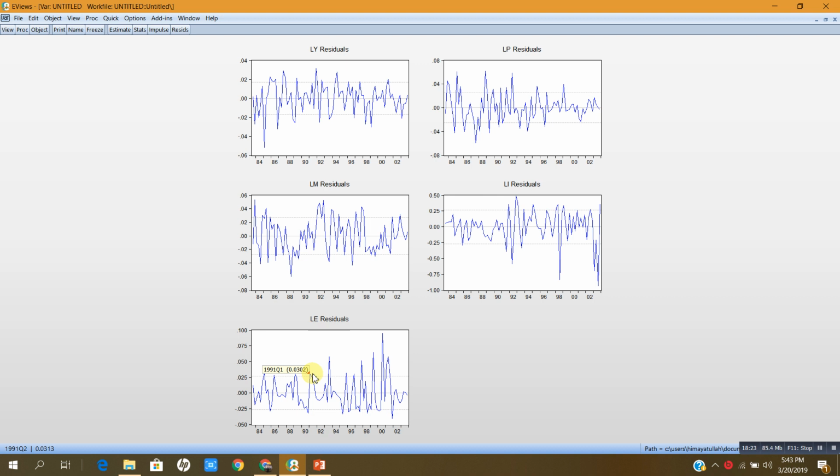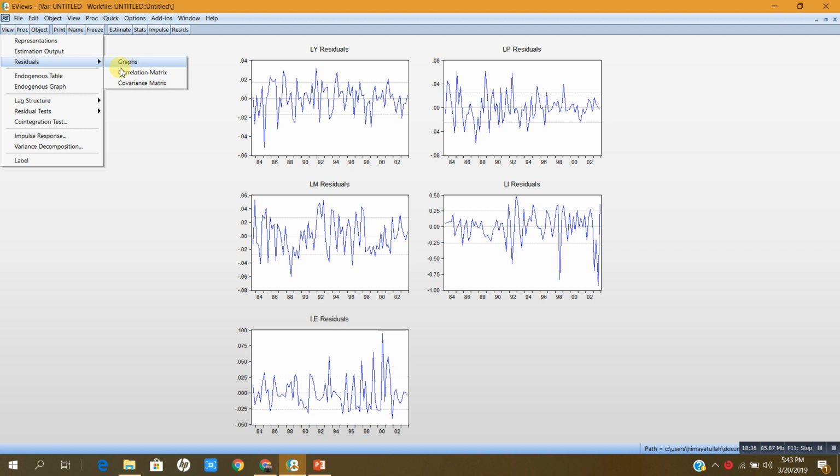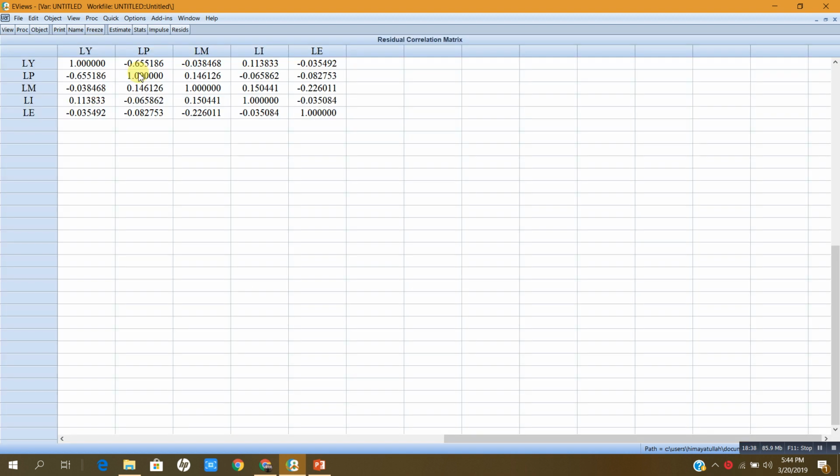I can also check the correlation matrix of these series, and this is the correlation matrix of these series. These values in the diagonal are equal to 1, because the correlation coefficient between ly and ly must be equal to 1. Similarly, the correlation coefficient between lp and lp must be equal to 1. So these values are perfectly positively correlated.